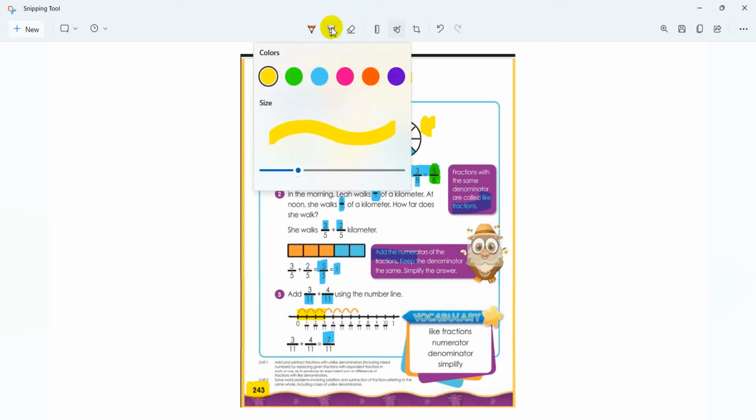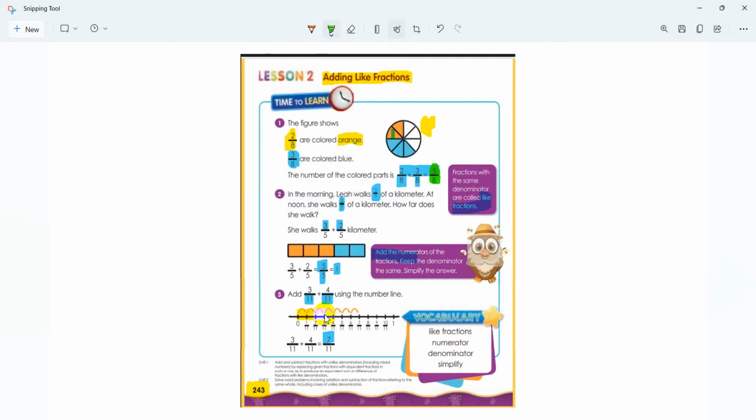We can represent it on the number line: 4 steps, 1, 2, 3, and 4, like that. At the end, we are at 7/11.